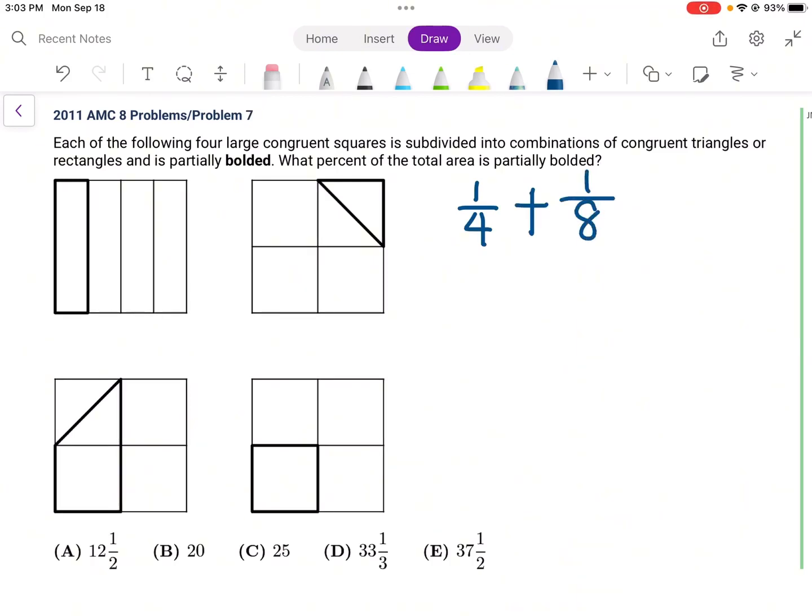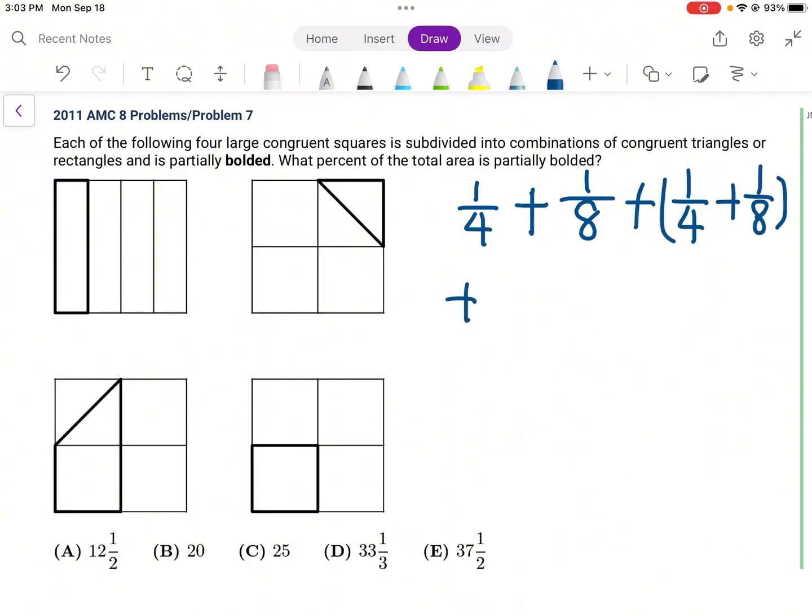And the third one on the lower left, its area is 1/4, that's one small square, plus 1/8, that's a triangle.